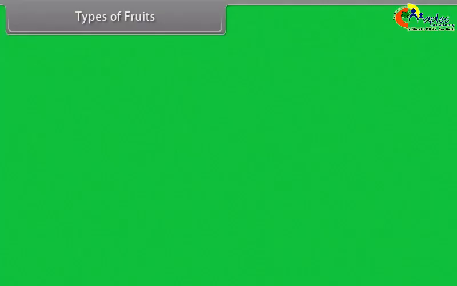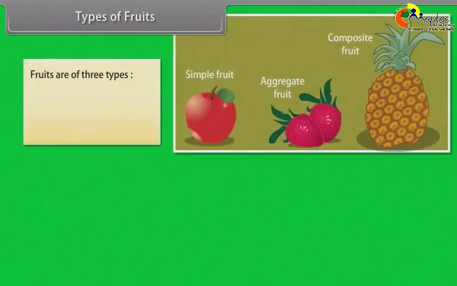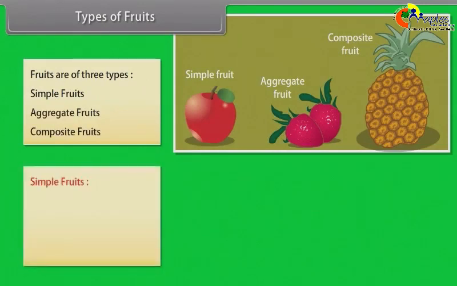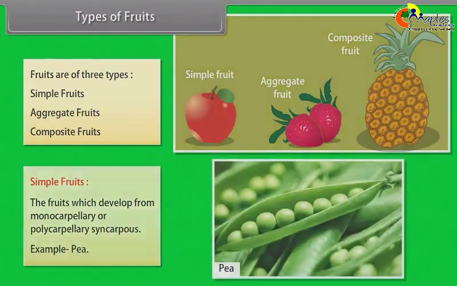Types of fruits. Fruits are of three types: simple fruits, aggregate fruits, composite fruits. Simple fruits: the fruits which develop from monocarpellary or polycarpellary syncarpous ovary. Example, pea.